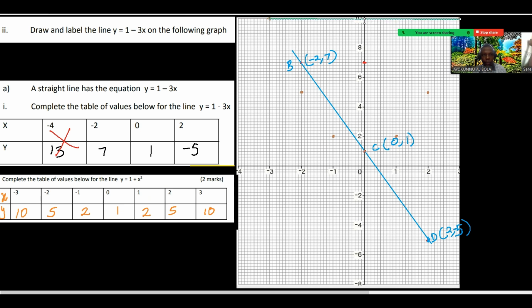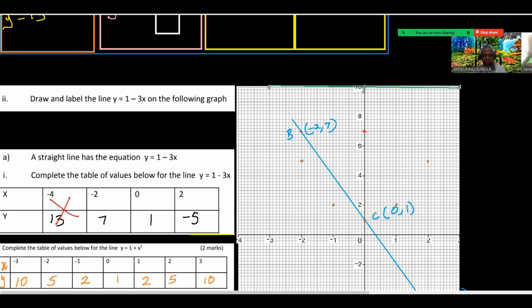So if they have to be joined together, let's see, wait a minute, trying to find a way of bringing it downward, okay?